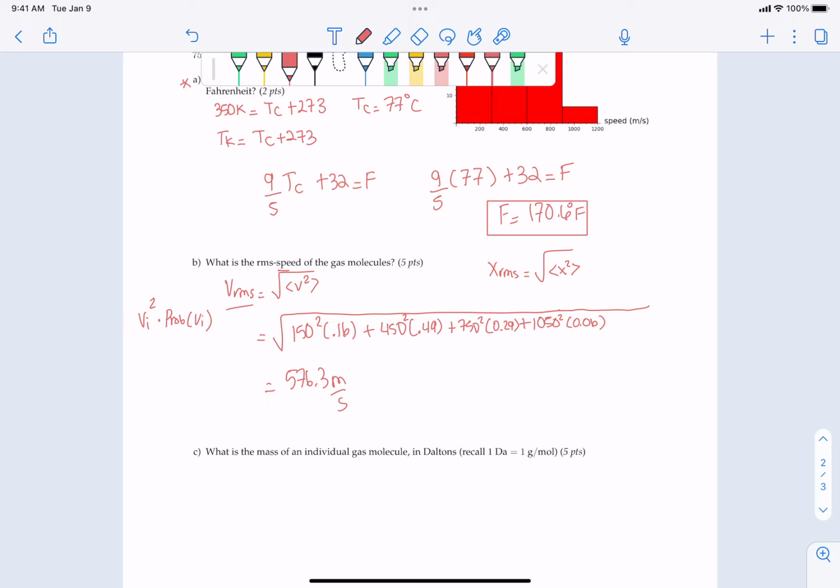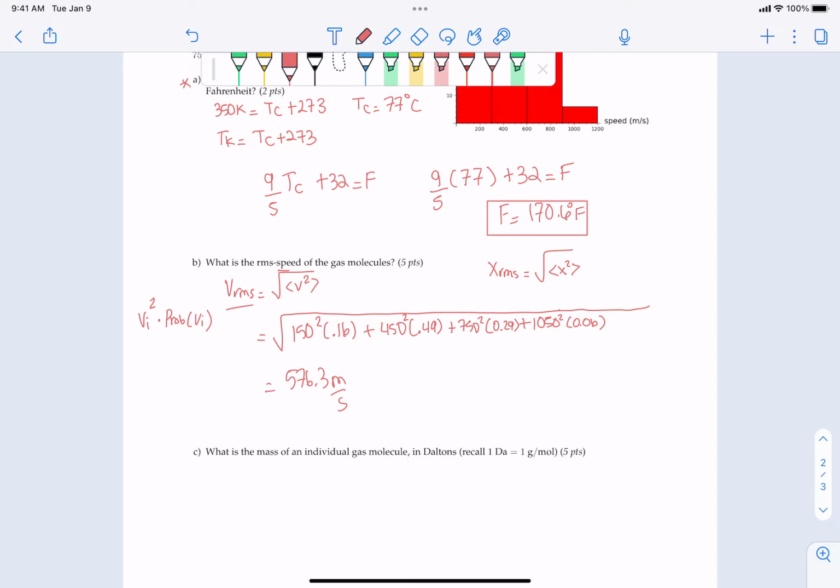And we're looking for our mass, essentially, right? So how can we relate all those values together? Temperature, mass, and speed. Any ideas of any equations we could use that would relate those three variables together?